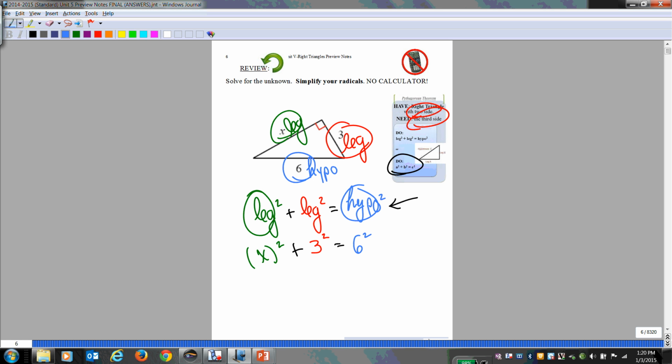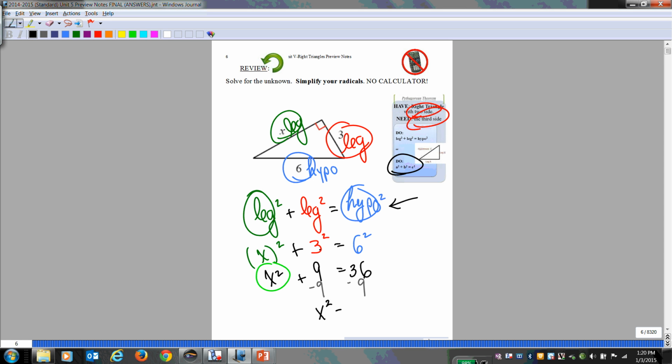You want to write that down. Now we're going to solve for x. And we have x squared plus 3 times 3 is 9. 6 times 6 is 36. Our goal is to get x by itself. So we're going to minus 9 both sides.